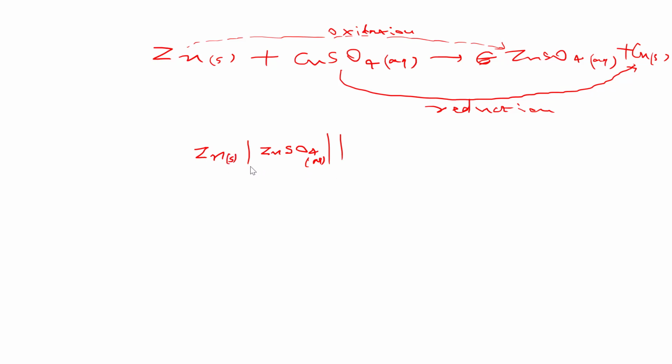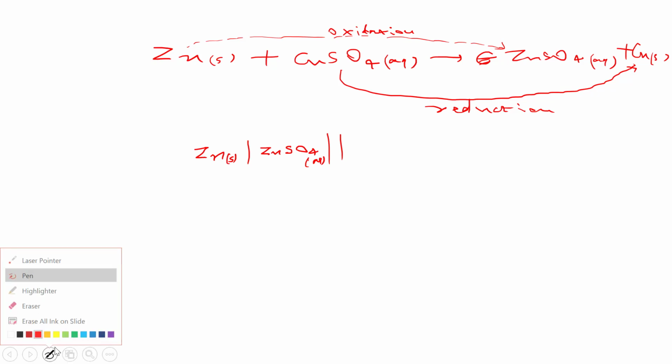Now if we represent only this part, zinc solid, then the vertical line, zinc sulfate aqueous, then these two lines that are the salt bridge, this is known as the anode representation, or we can say the anode half cell representation. Whenever you are asked what the anode half cell representation is, you can just write this part only. Got it? And similarly, from this salt bridge, the right hand side part is the cathode representation, and you can mention that also.